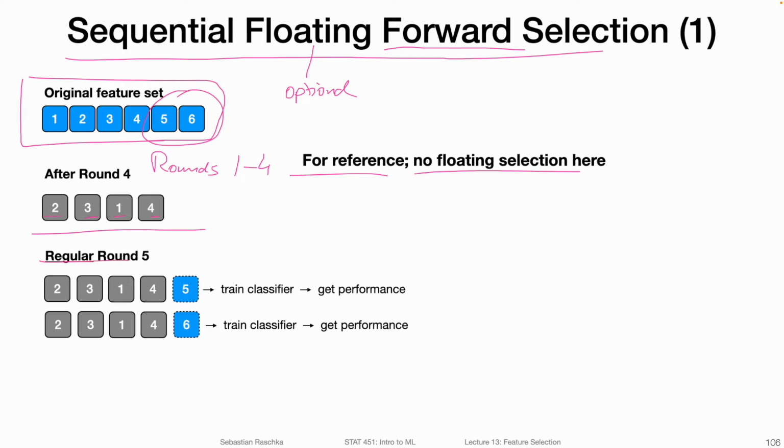So the regular round 5, so the regular round in normal sequential forward selection would look like as follows, where we would add feature 5 to the subset, train the classifier, and evaluate its performance. And then we do the same thing also for feature 6. So we have 2 subsets here that we evaluate, and we look at the performance, and then we would select the best performing one in the regular sequential forward selection method.